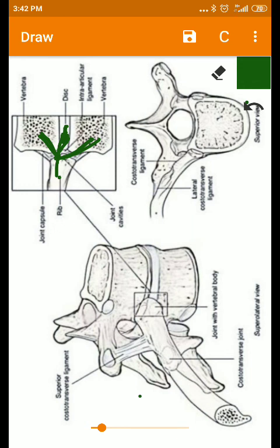The movements taking place at all costovertebral joints are rotation and gliding. So this is about the costovertebral joint.